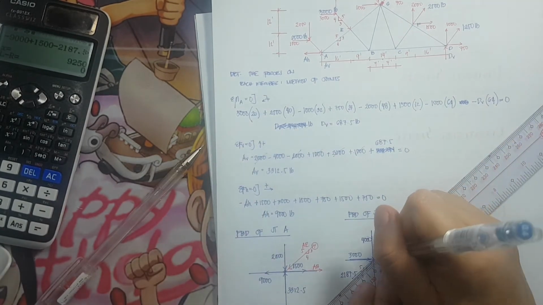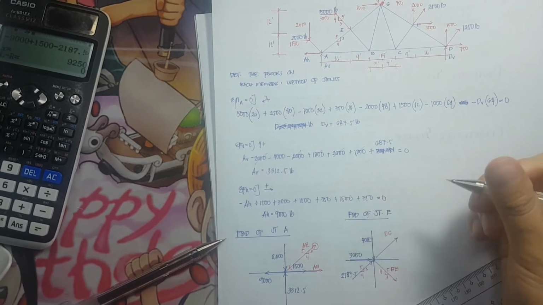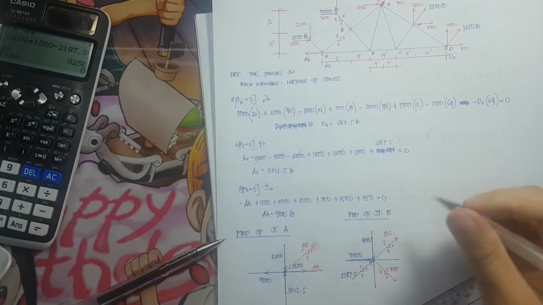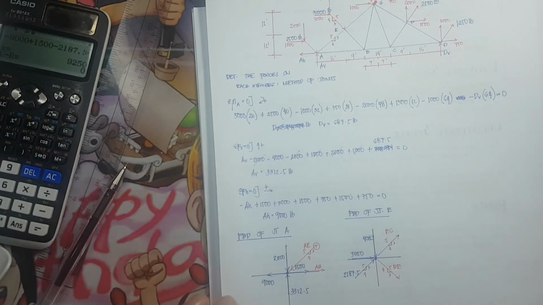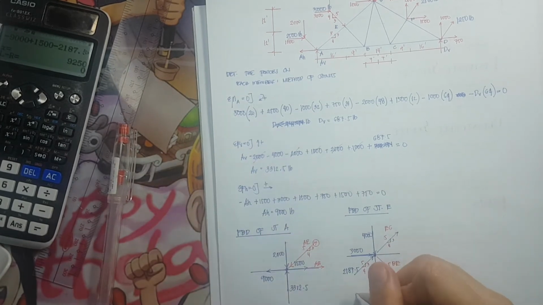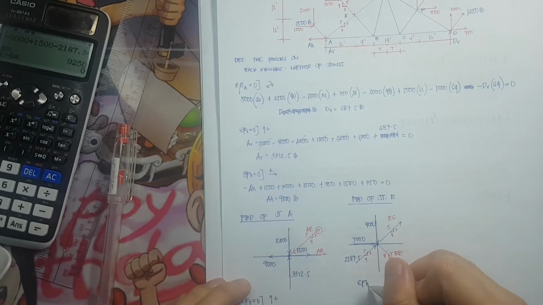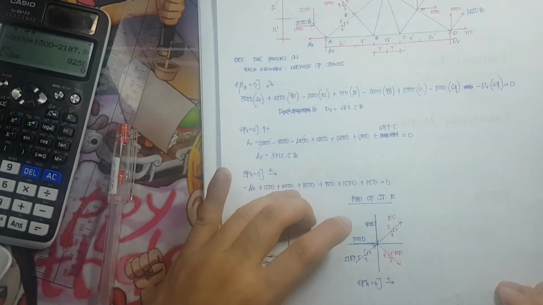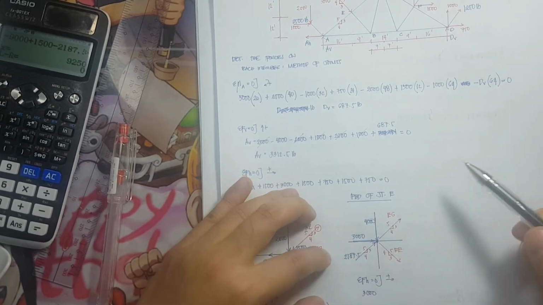So for EG, again, I'll assume it in tension. So this is EG, and the slope is 4 horizontal, 3 vertical, and the hypotenuse of 5. Okay? So summation of forces horizontal is equivalent to 0. All forces towards the right should be positive. So what are those forces? We have 3,000, that is positive.